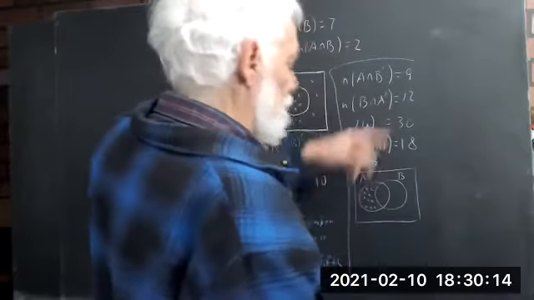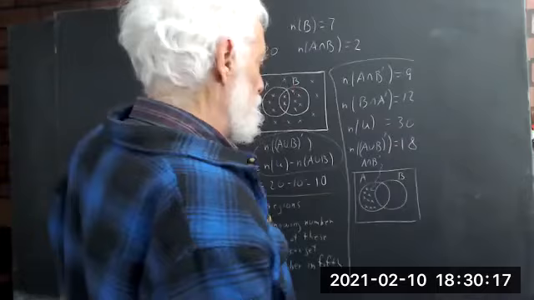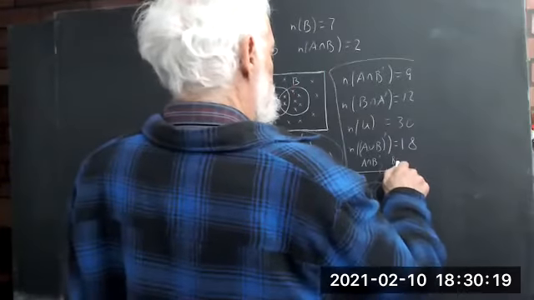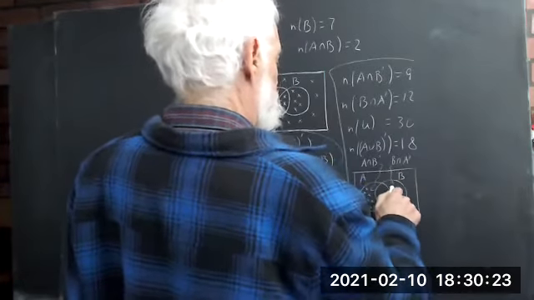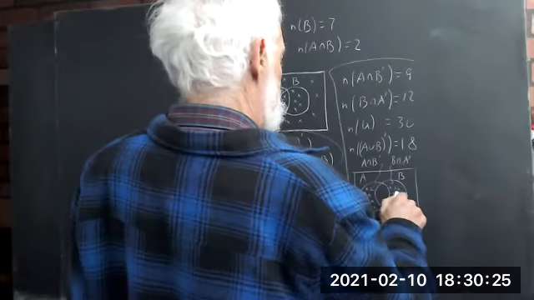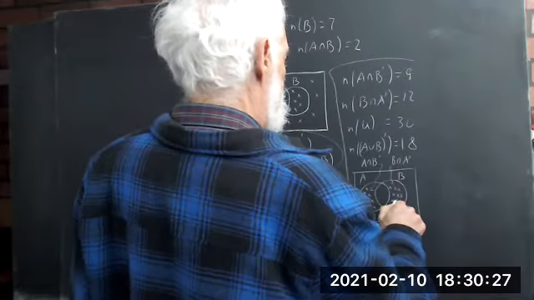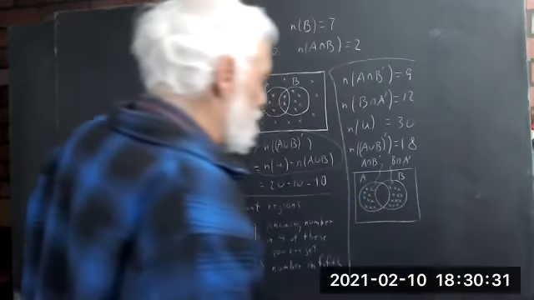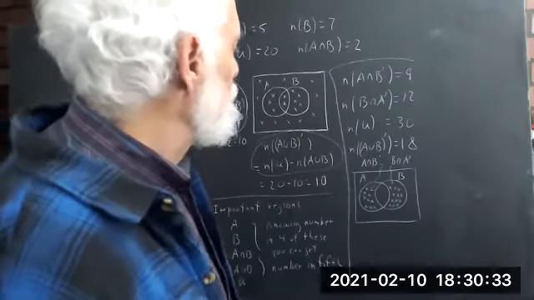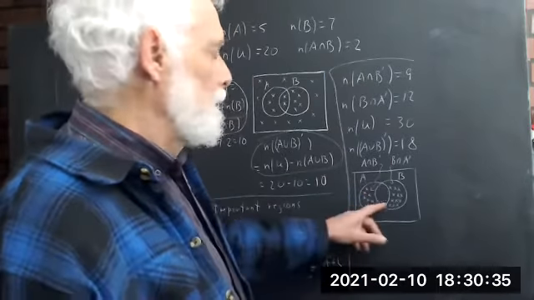And in B intersection A prime, we have 12. Well, B intersection A prime is this region, so better put them in there. Okay, so already we have 21.